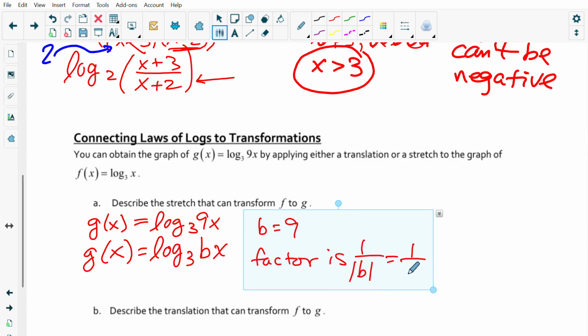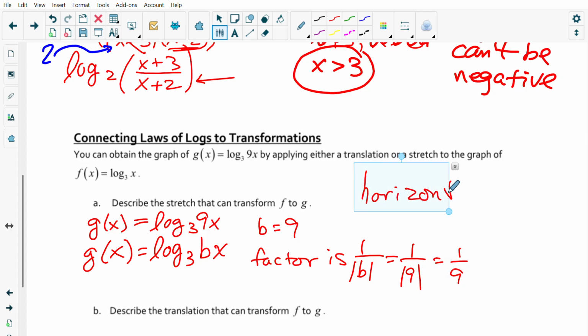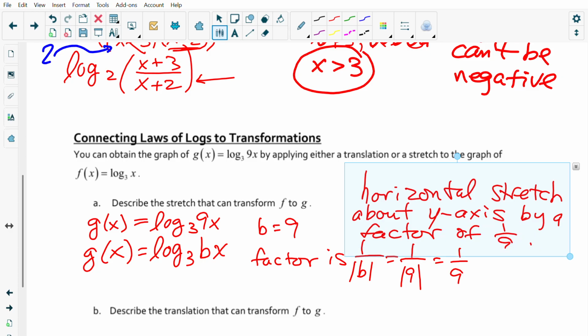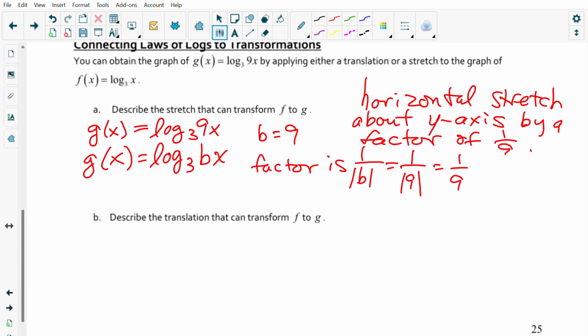The factor of the stretch is 1 over the absolute value of b, so that's 1 over the absolute value of 9, and therefore the factor is 1/9. So I will say this is a horizontal stretch about the y-axis by a factor of 1/9.